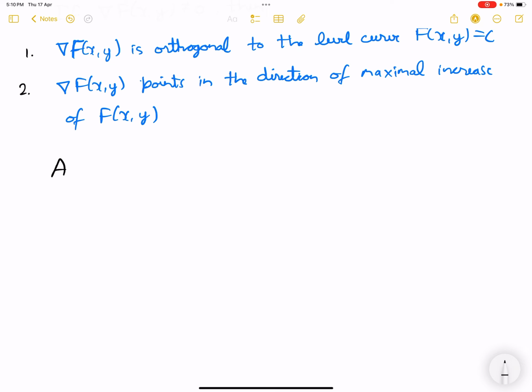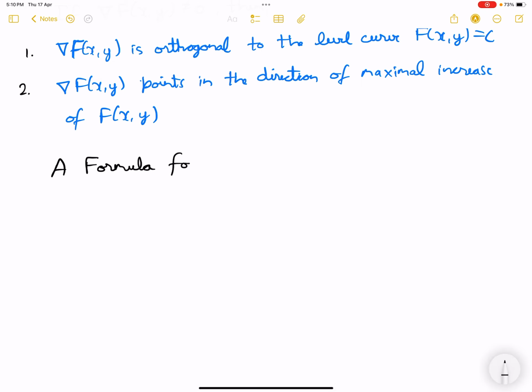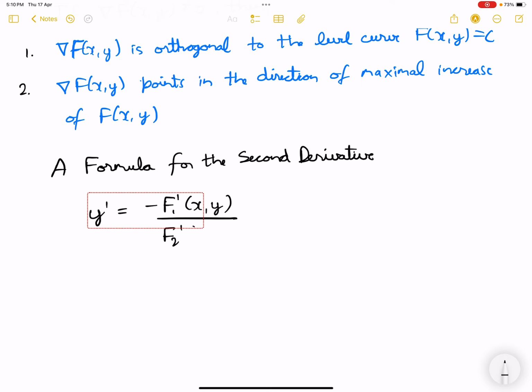Okay, now important is this, a formula for the second derivative. What we have found was y dash equals to minus f1 dash(x,y) upon f2 dash(x,y).